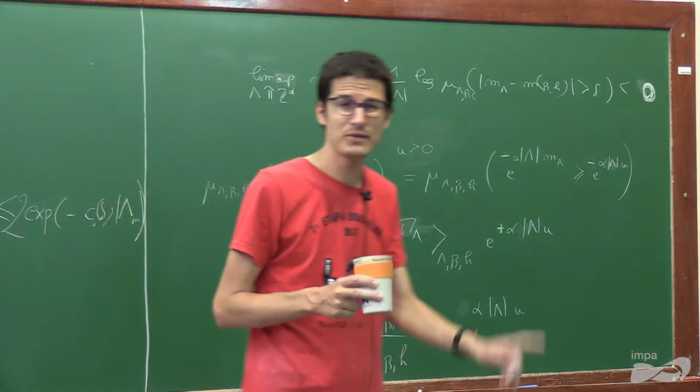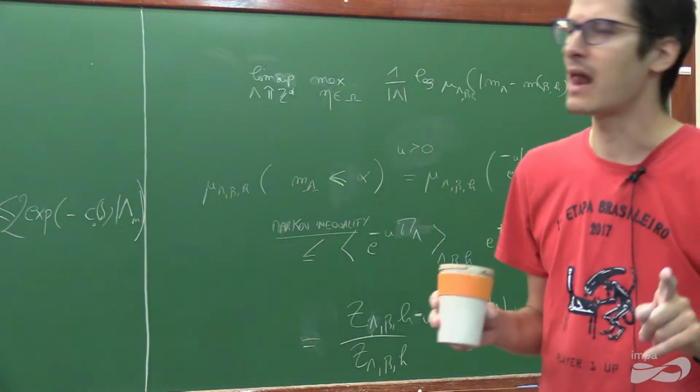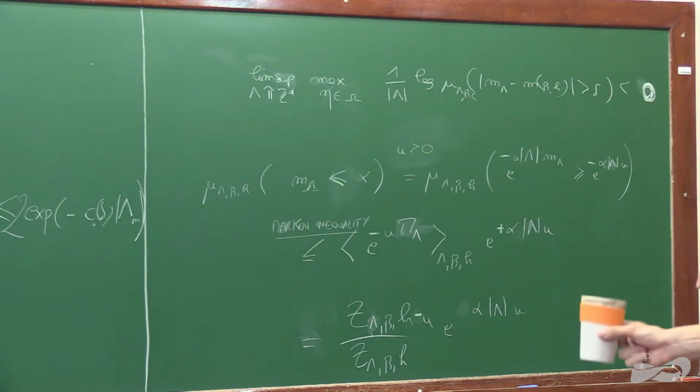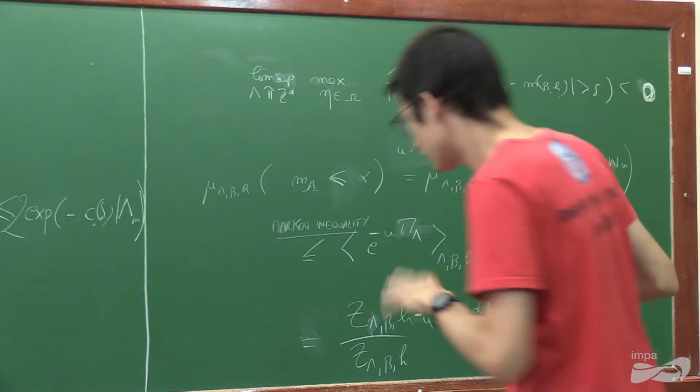But you're not losing anything in the exponential scale as soon as you take the optimal u. This is what this tells you.